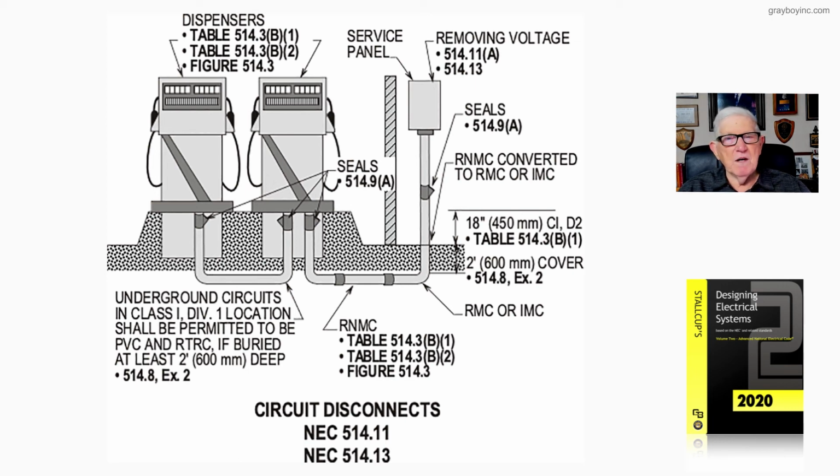The only time I've never seen these seals required is when it wasn't gasoline. It was a fuel with a very high flash point, such as diesel. And those seals, to me, it doesn't say that it's required for diesel.